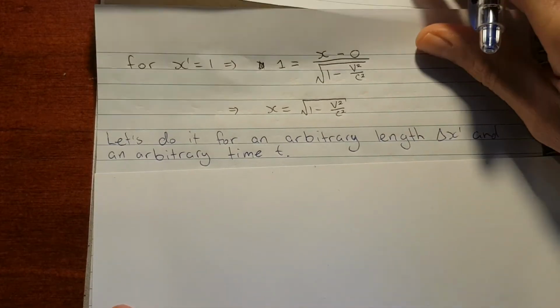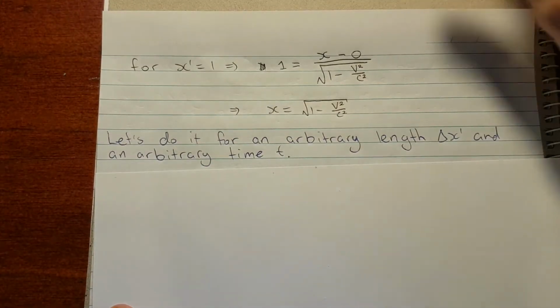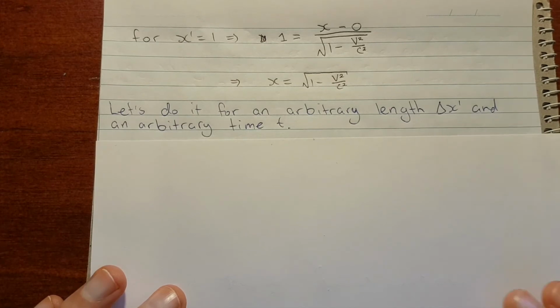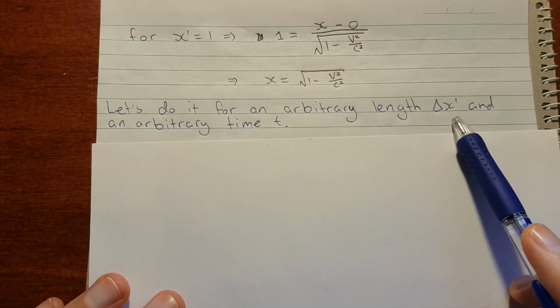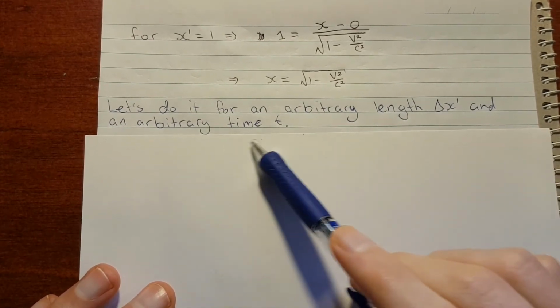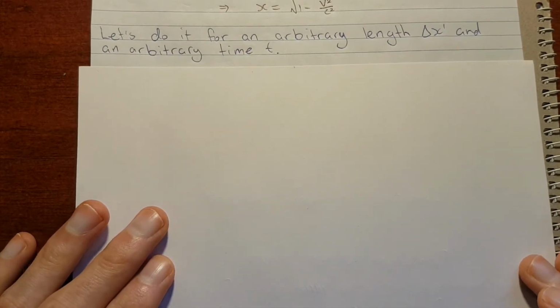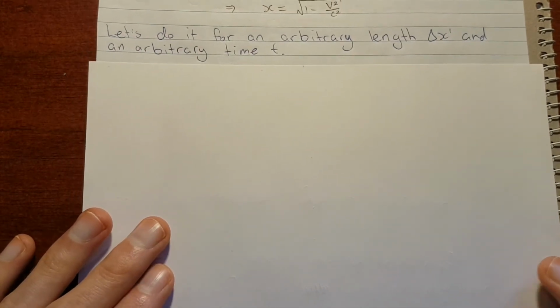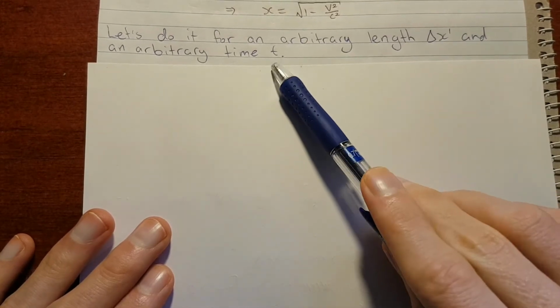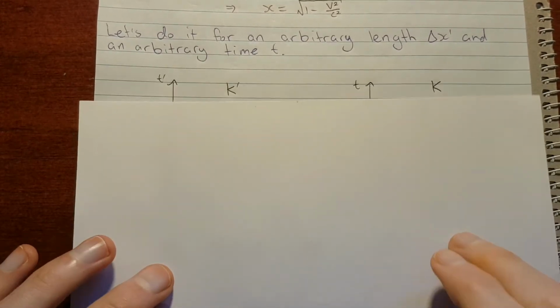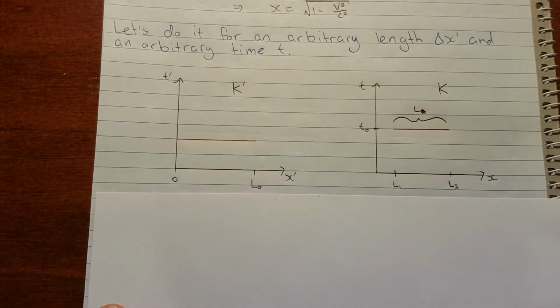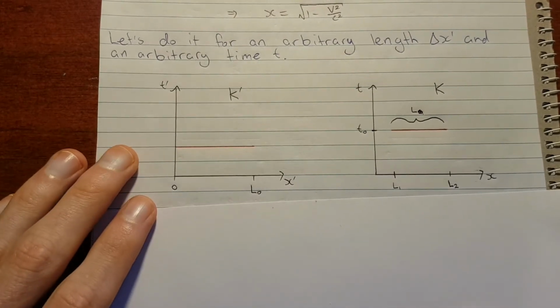So as I said, let's do it for an arbitrary length, delta x primed, and an arbitrary time t. Let's just choose any arbitrary length instead of the nice easy 1 meter, and any arbitrary time instead of the nice easy time equals 0. In this case, these are the little diagrams we have.